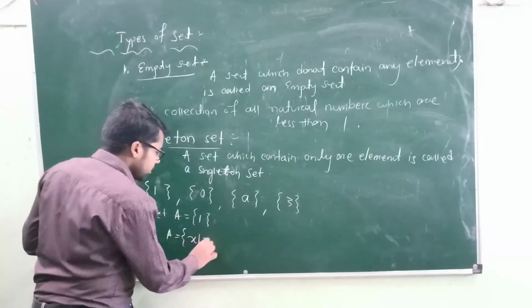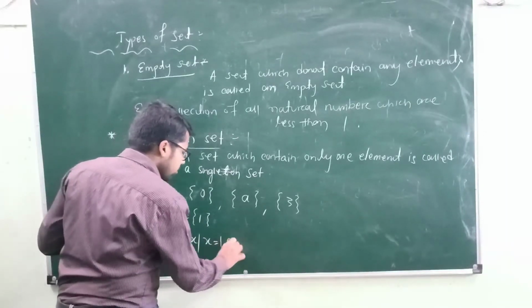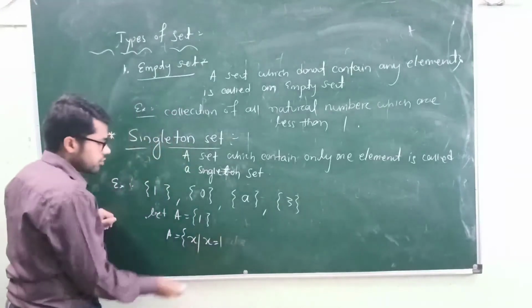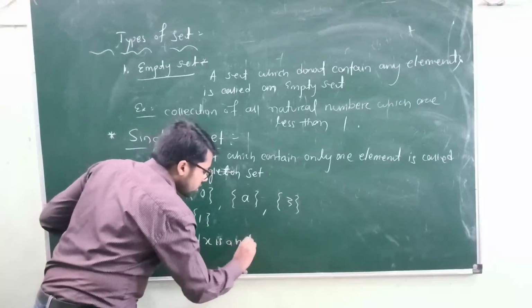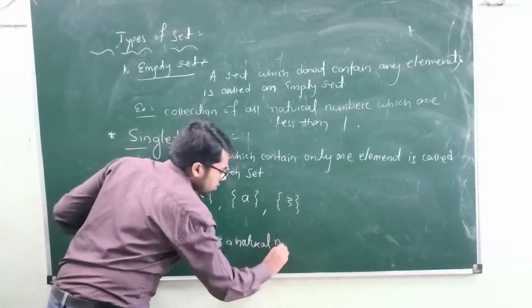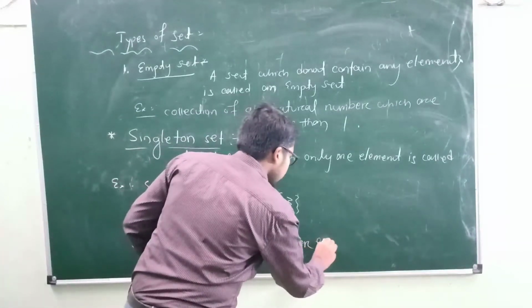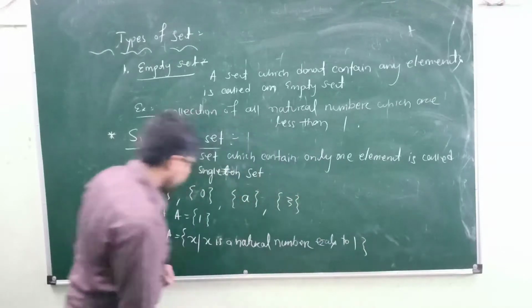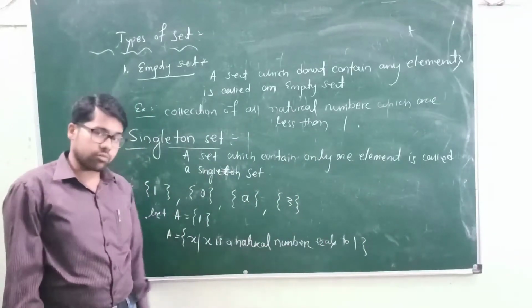X such that X is a natural number equals to 1.